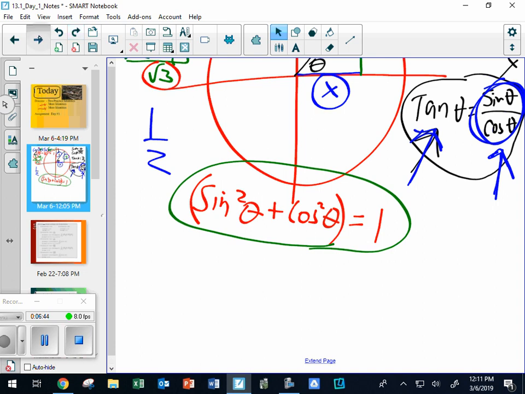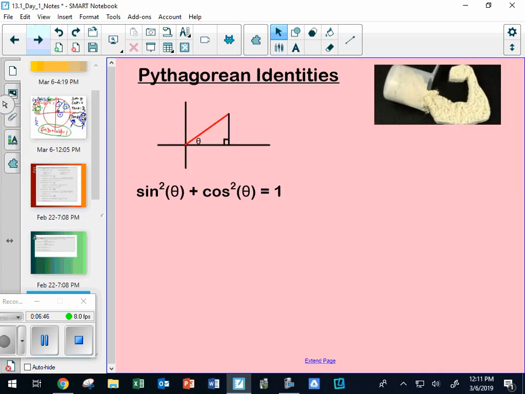I think I've got this on a slide here. Everybody find that one. It's not written out nice and clean. It's one of our identities, one of our facts, one of our math truths. Would you please all divide everything here, all 3 parts, by sine squared?